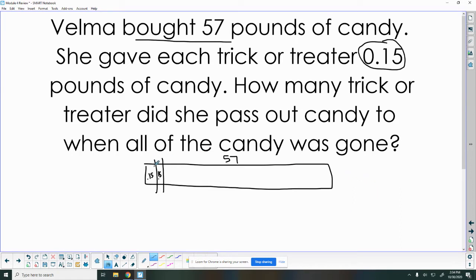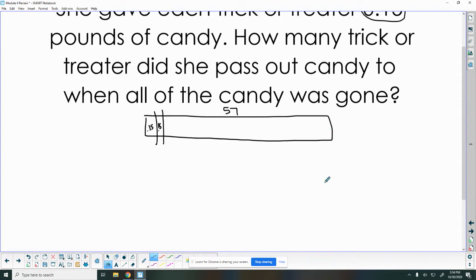gone. So I could do 57 minus 0.15 minus 0.15 and do that over and over again. But an easier way would be to divide. So we have 57, that's our total, and we're dividing it into groups of 0.15. Now it's pretty hard to dish out that into groups.